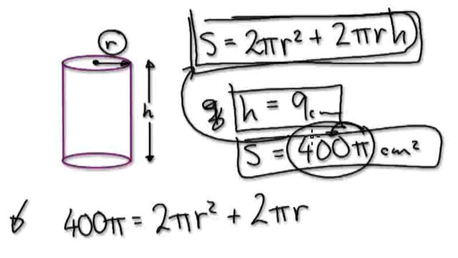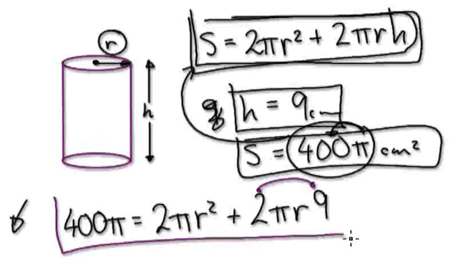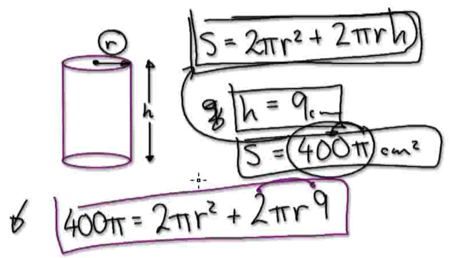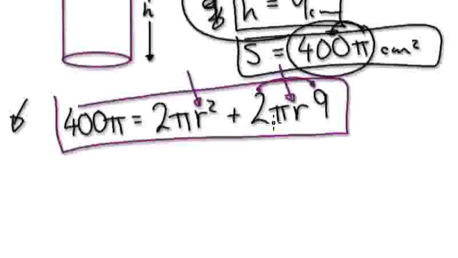So h we know is 9, so times 9, don't forget. So now we've got our equation here. It's just a matter of finding out r.